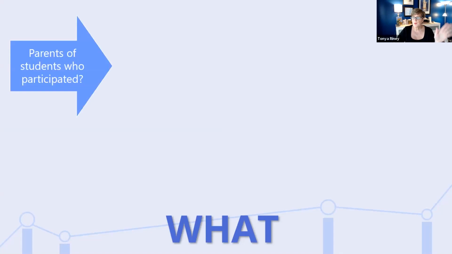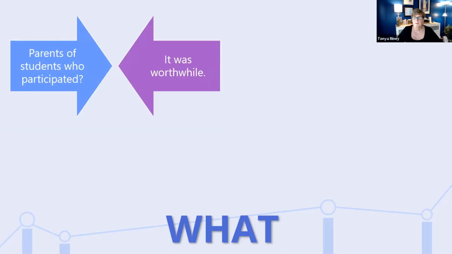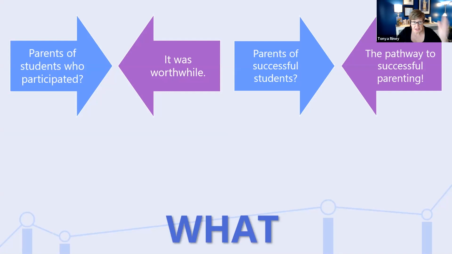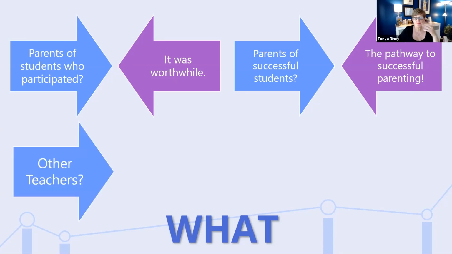So we've got the parents of the students who participated, right? It was totally worthwhile. That's your message. You're persuading them it's totally worthwhile. Parents of prospective students: it is clearly your pathway to successful parenting. Do this summer science program. What about other teachers? You should totally do it.